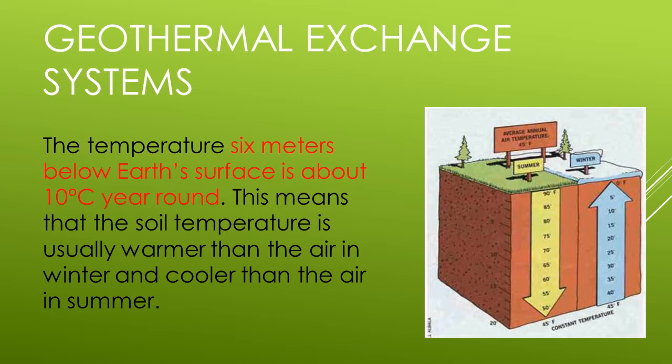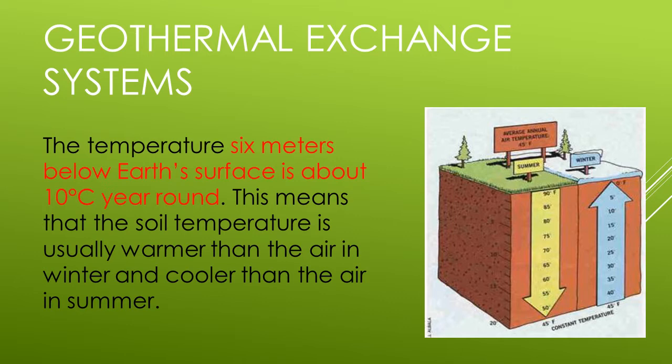Now, you may think, how deep do these wells have to be? Well, for that kind of system where it's generating steam, they have to be pretty deep. But we've got another system called a geothermal exchange system, and it operates a little differently.